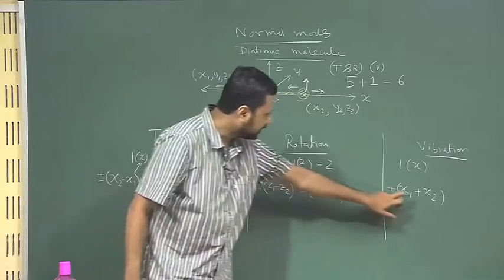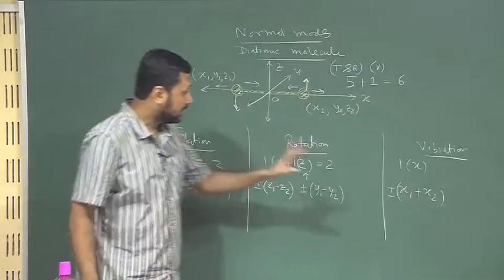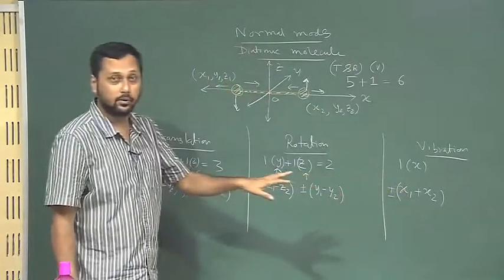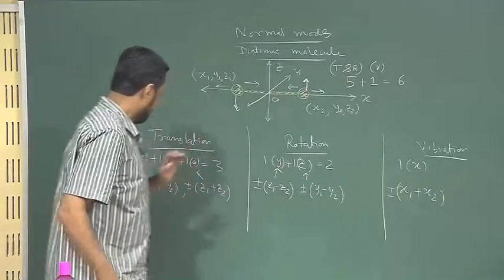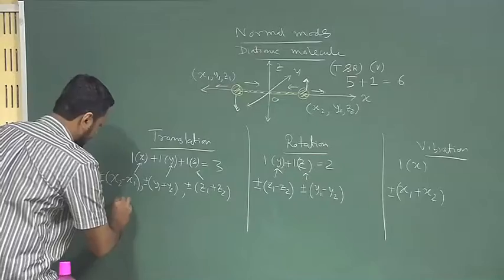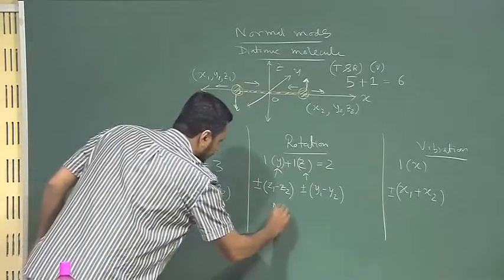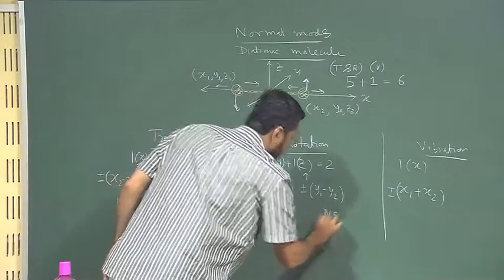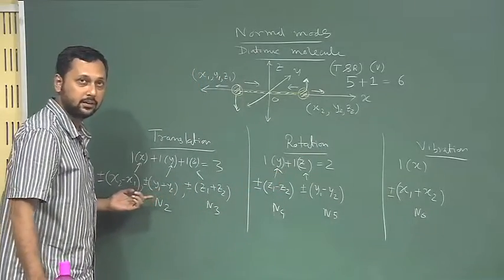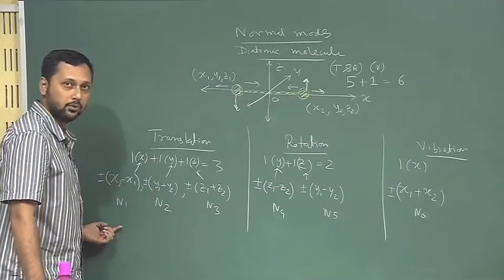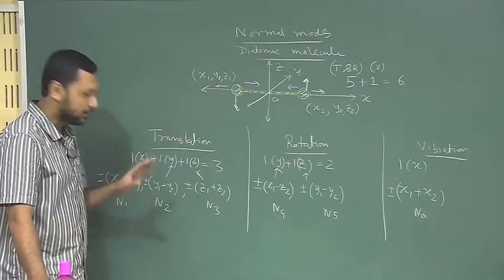When x1 increases, x2 also increases, both at the same time. Please remember that this is the right combination, very good. So, if I label them N1, N2, N3, N4, N5 and N6, these are the combinations which will describe one of these types of motion independent of the other.